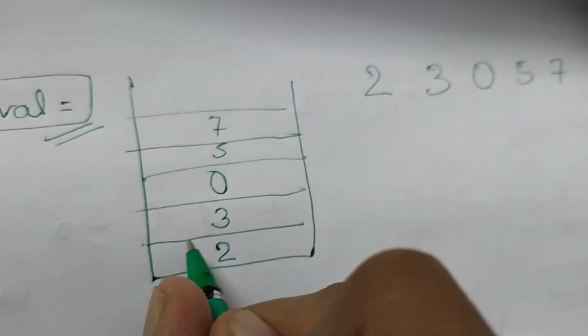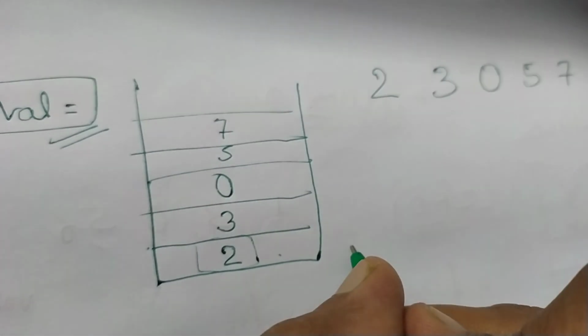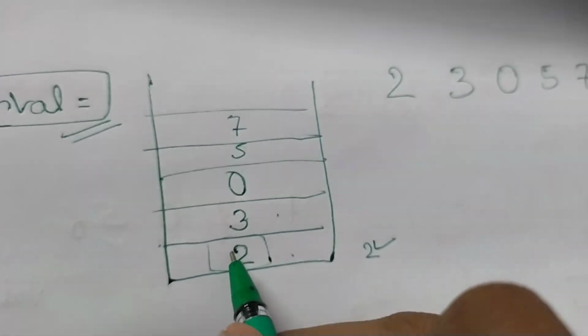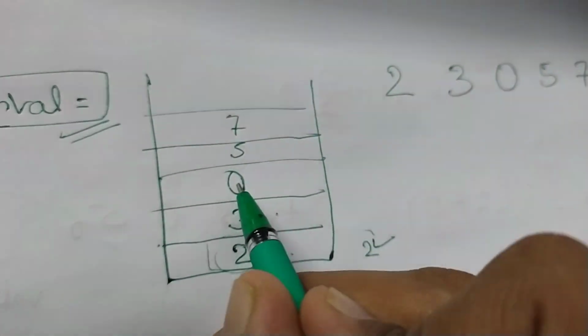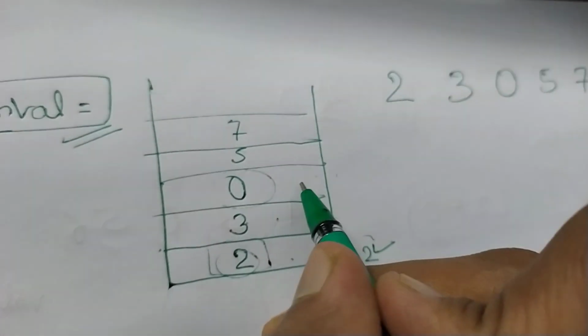When we were at this point, if our minimum value was asked, we would have returned 2, no problem. If asked at this point, we would have our minimum value retained and would have returned 2. At this point 0 came, so instead of 2, we would have written 0.